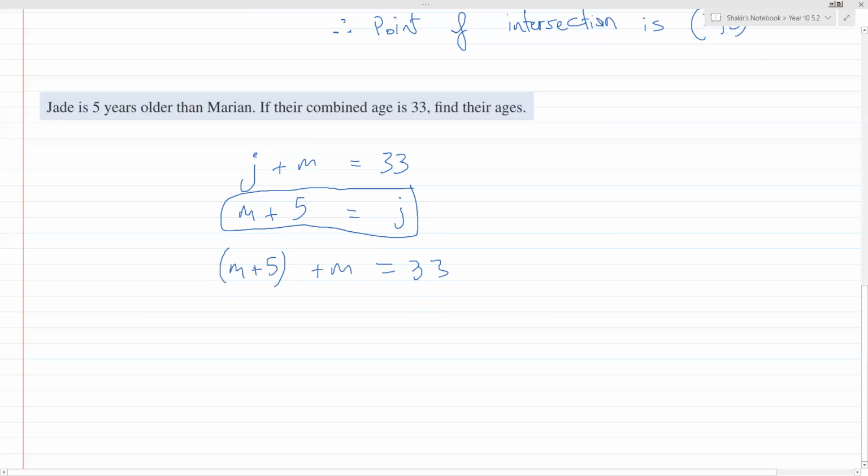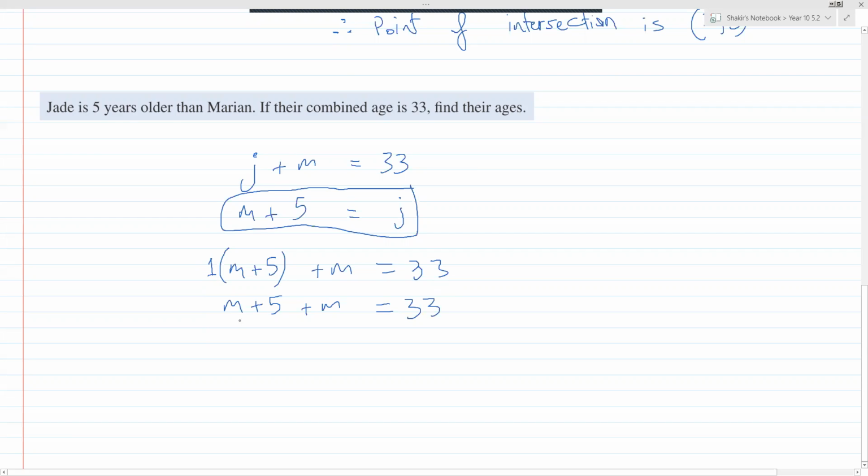And expanding the bracket doesn't really change anything. You can imagine there's a 1 here if you want, and just expanding the bracket leaves m plus 5. Nothing really changes. I'm just trying to be extra careful so no one gets confused. m plus m is 2m plus 5 is equal to 33.